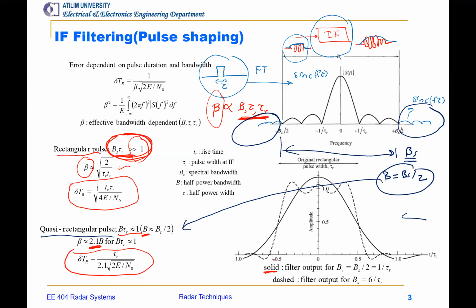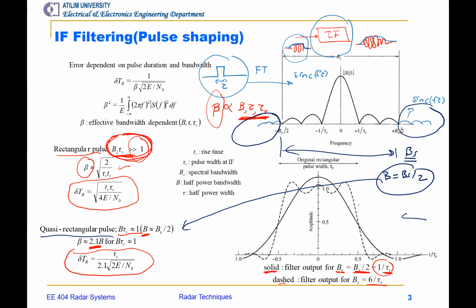For the solid curve, the video bandwidth, so the IF bandwidth, is B_S over 2, which is 1 over tau_r. For the dashed one, the filter output is 6 over tau_r, which is 6 times greater than this one, which means that its side lobes will be suppressed well for this dashed curve.